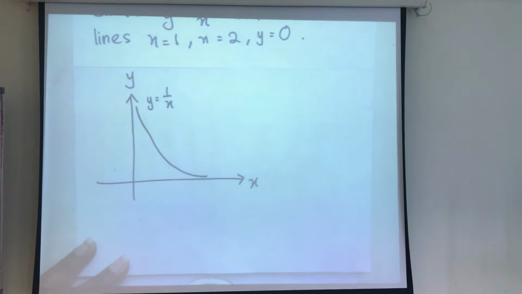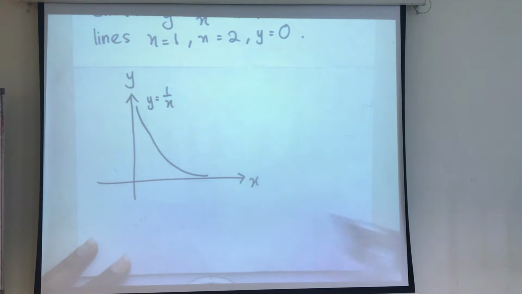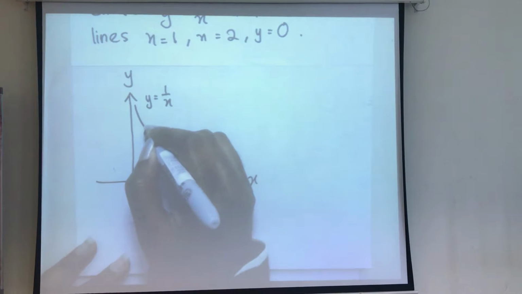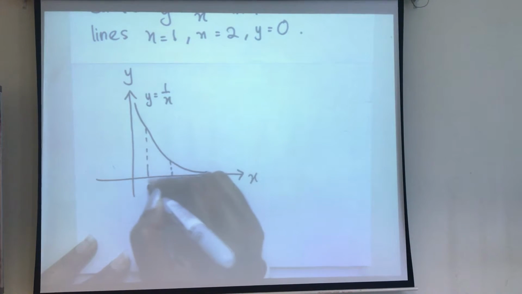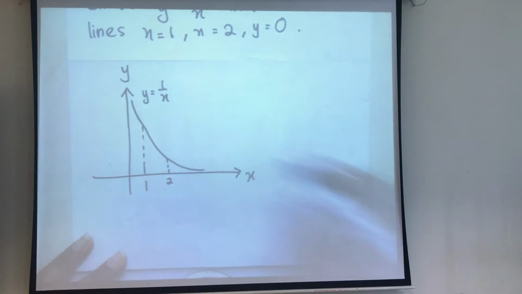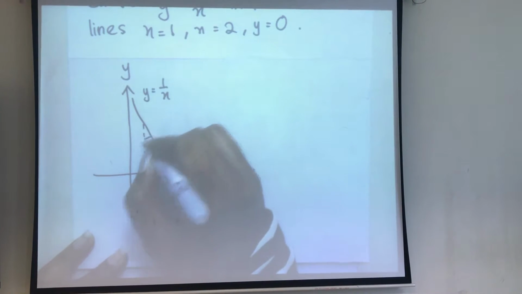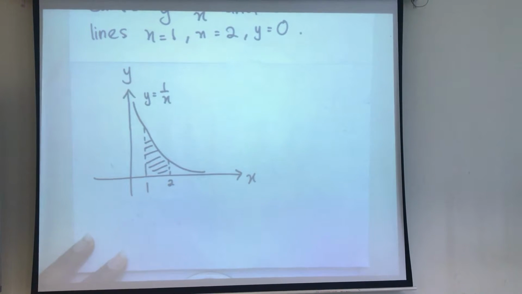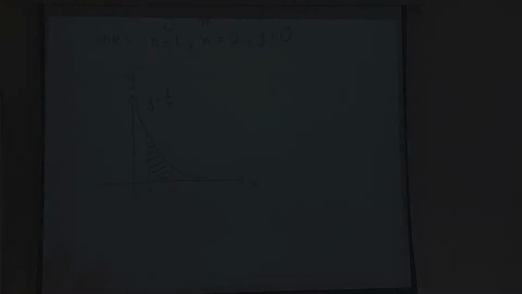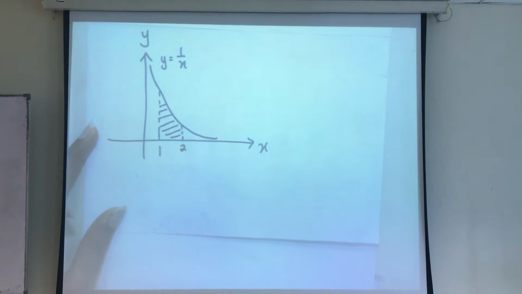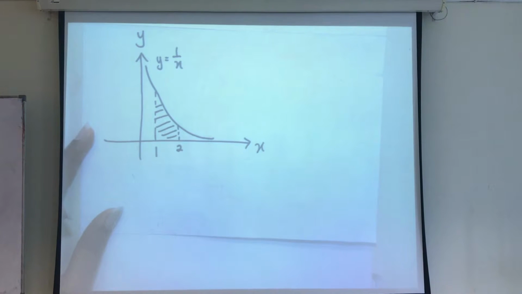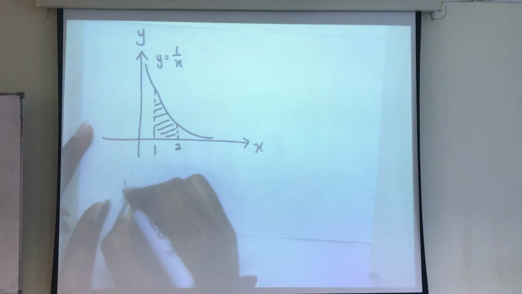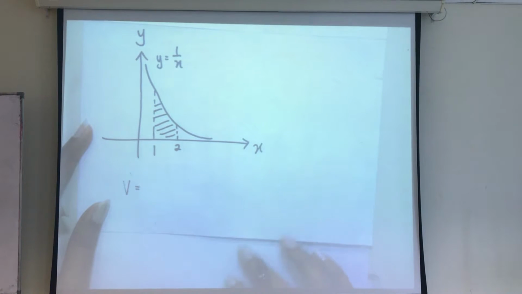x equals 2 will be the upper limit and the lower limit will be x equals 1. So the region of the volume we're going to find is this region between x equals 1 and x equals 2. So, to find the volume of this solid rotating about the x-axis, we'll use the formula just now.